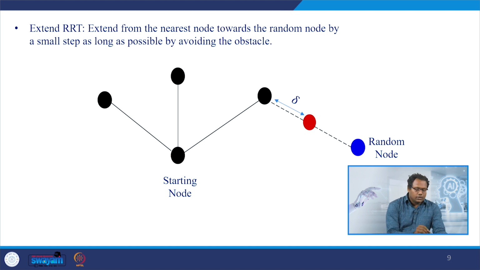Then we are going to extend the RRT in such a way that after finding the nearest node, say this is the nearest node to this random node, extend from the nearest node towards the random node by small steps as long as possible by avoiding the obstacle.